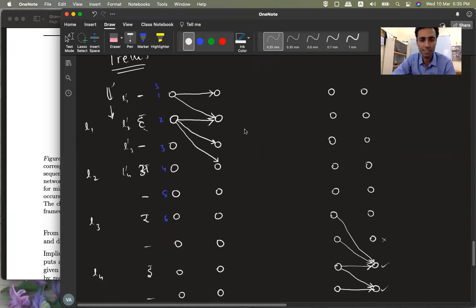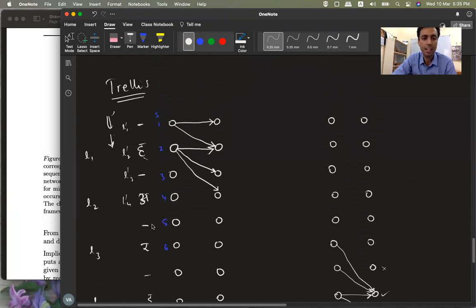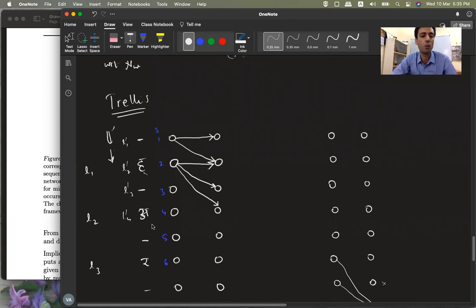Now, this trellis is basically an S versus T curve. What is S? S is the state. If you know the output target sequence Z, let us say my Z is her, r, e.